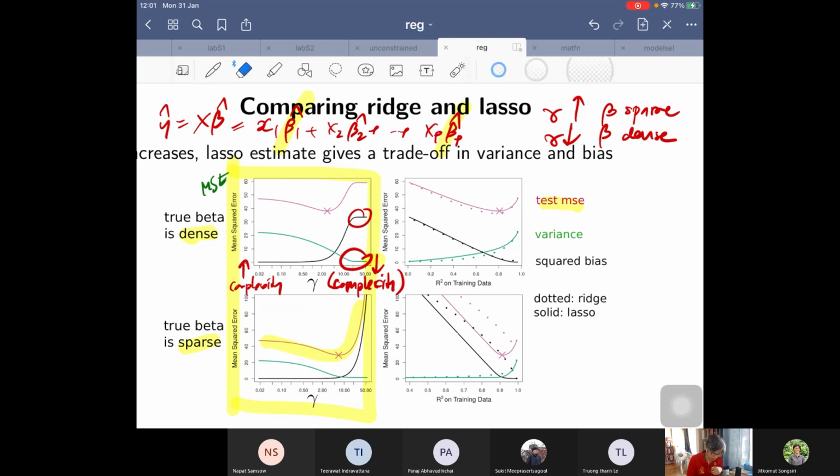Another thing I want you to observe is that if you plot the test MSE versus gamma, and gamma has a connection with the complexity, you will see that there is an appropriate amount of gamma, which means an appropriate degree of model complexity, where your test MSE, or the generalization error, is at minimum.